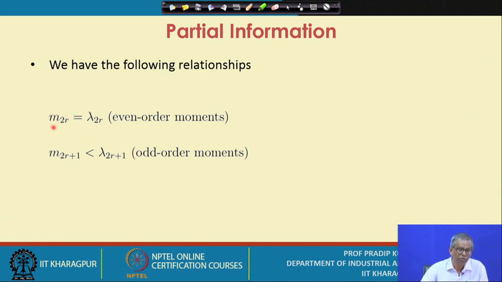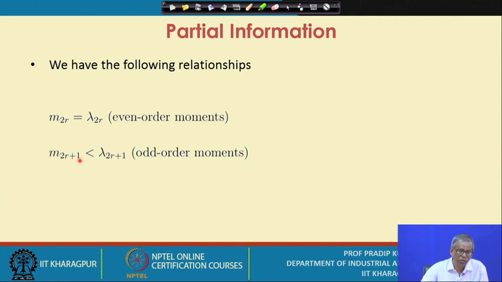That means M2R equals lambda 2R, for even order moments. This is the moment, and this is the absolute moment. So what is the relationship? M2R equals lambda 2R, that means even order moments when you deal with.